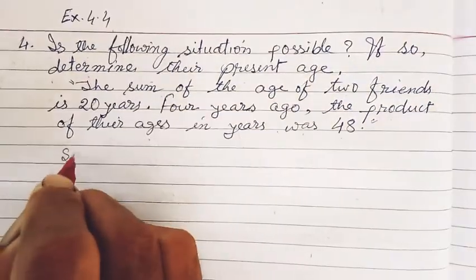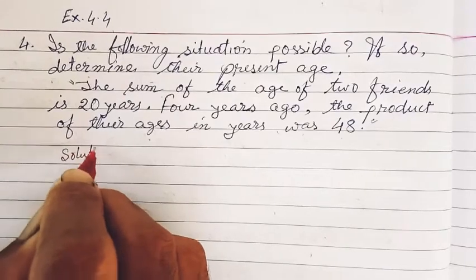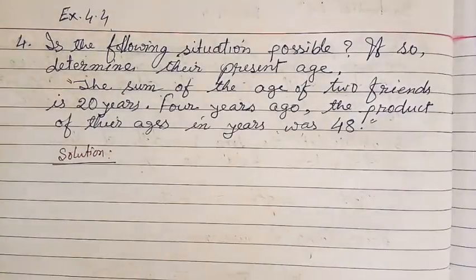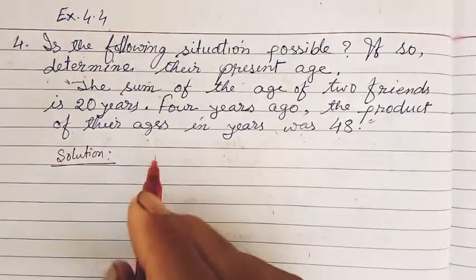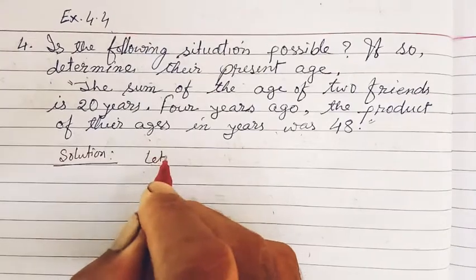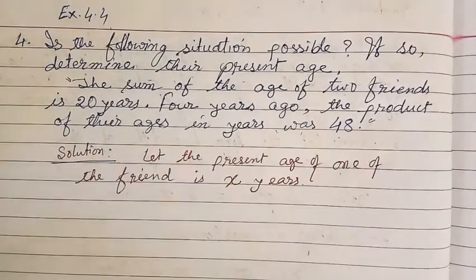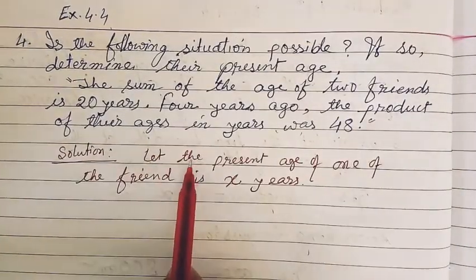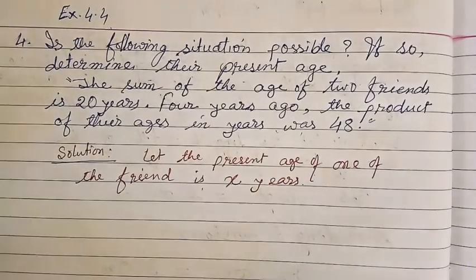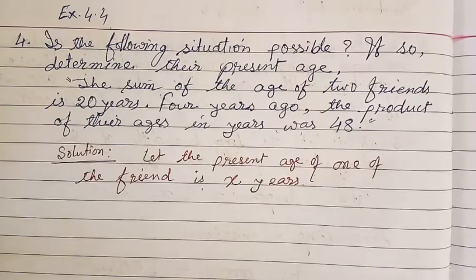So let us come to the solution. Since we are asked to find their present age, if possible, we will assume their present age. Let the present age of one of the friends be x years.